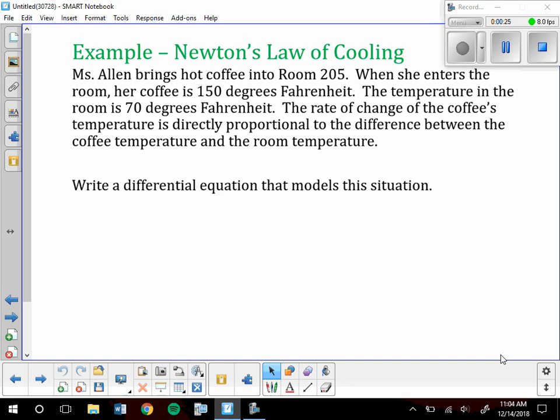First, we're going to look at a topic that you may have covered in your science classes, which is Newton's law of cooling. What that really means in a nutshell is that, say you have a bowl of hot soup in a room temperature room.